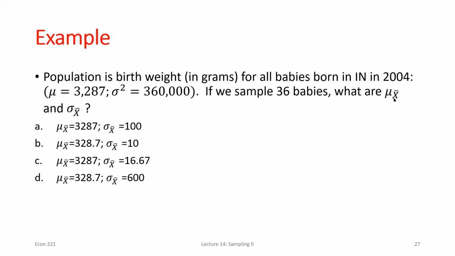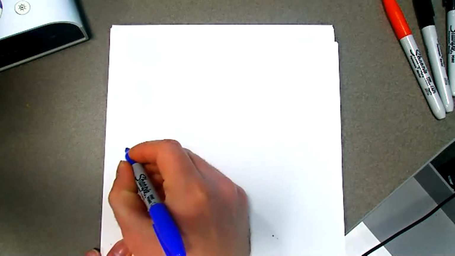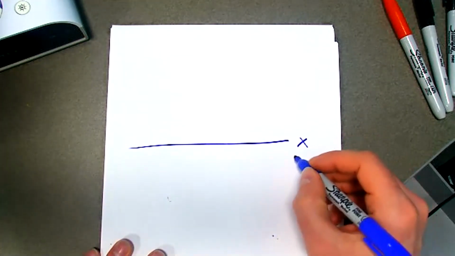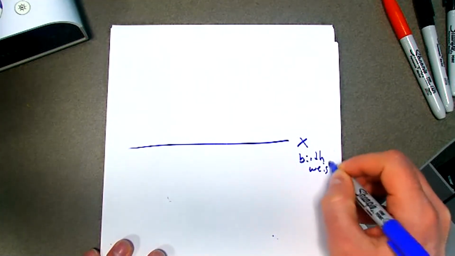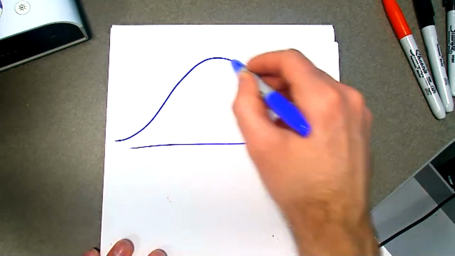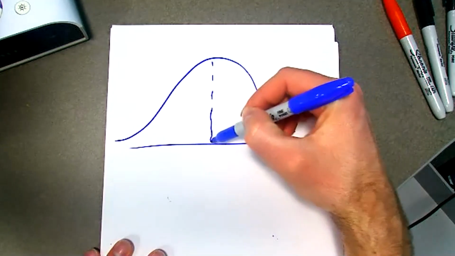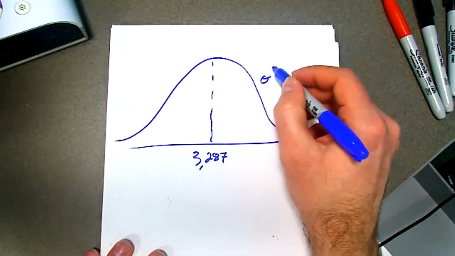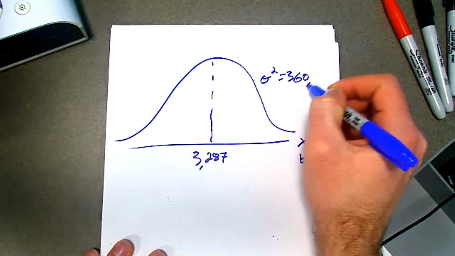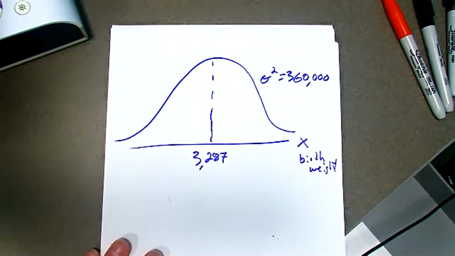What is the mean of those sample means, and what's the variance of those sample means? So what we're thinking about here is I've got this original variable x, which was birth weight, and it was normally distributed with a mean of 3,287 and a variance of 360,000, I think is what I said.